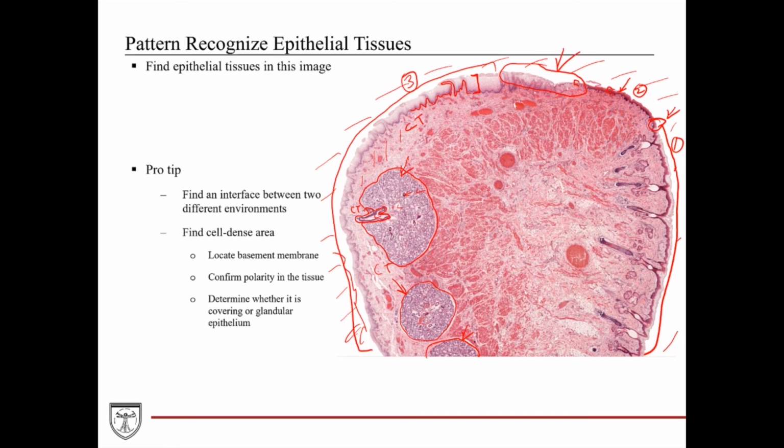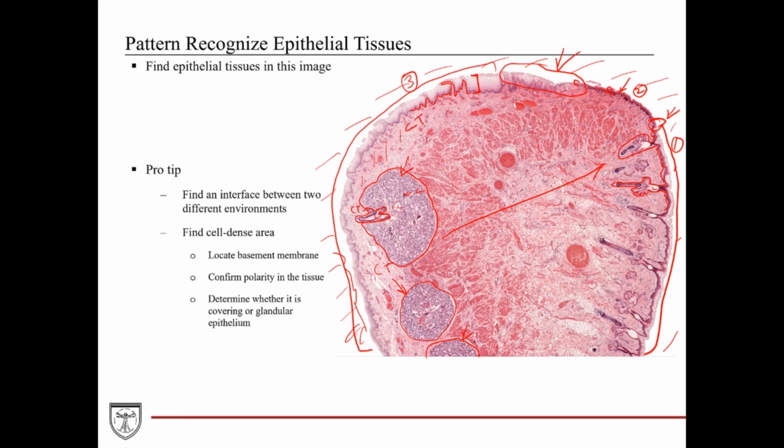So that's my guess. And on this side as well, when I trace the basement membrane of these potential covering epithelium, I'm seeing that I can trace it into this deep connective tissue region where there are some cell busy looking areas potentially, and this could be a lumen as well.